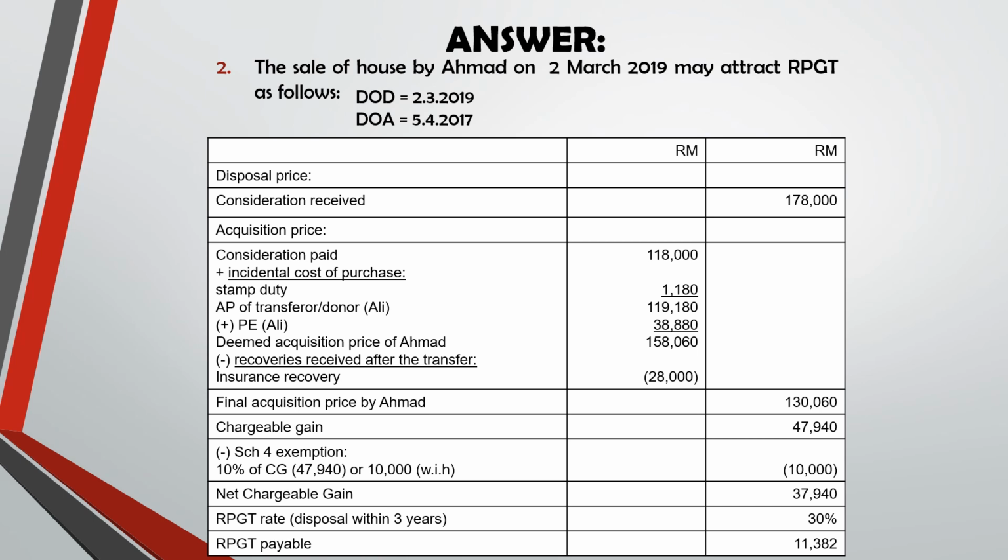Then you minus the recoveries received after the transfer. These recoveries were received by Ahmad. So the final acquisition price for Ahmad will be 130,060. You get the chargeable gain, and since Ahmad is an individual entitled to the Schedule 4 exemption, and the disposal is within 3 years, RPGT payable is 11,382.